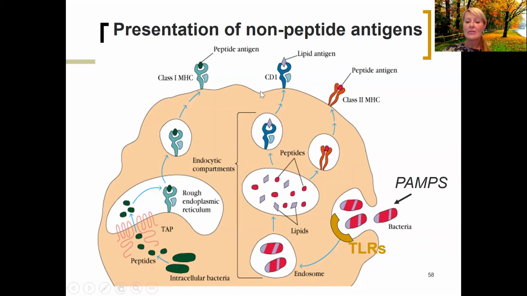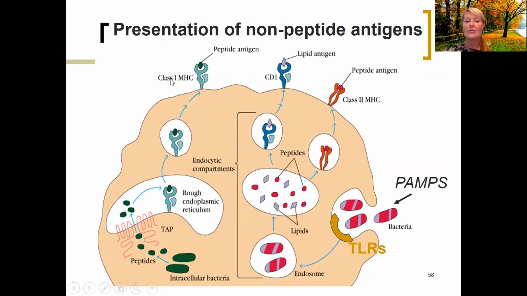So now let's think about the different kind of T cells that can be activated. So we know MHC class 1 activates your cytotoxic cell. We know that MHC class 2 activates the various helper cells. And as it turns out, the CD1 activates other subsets of T cells, such as gamma delta T cells and NK T cells.